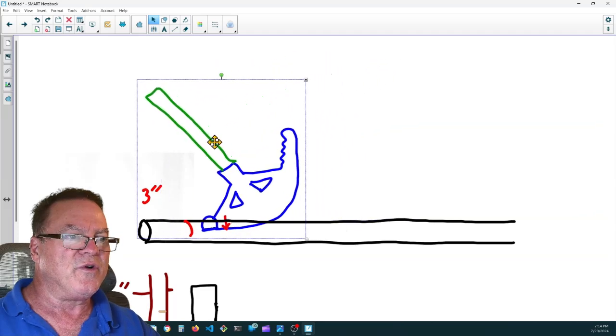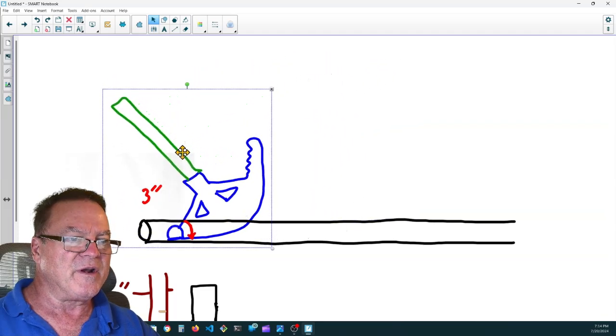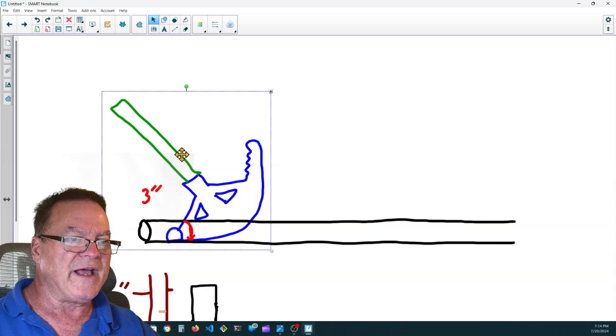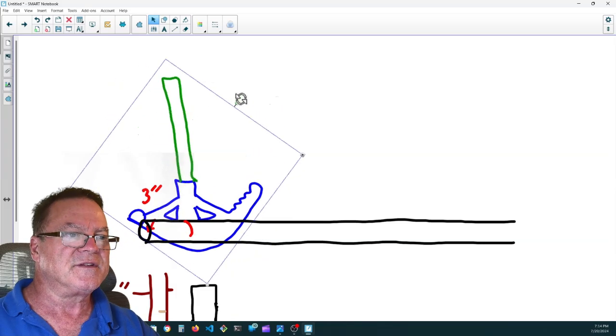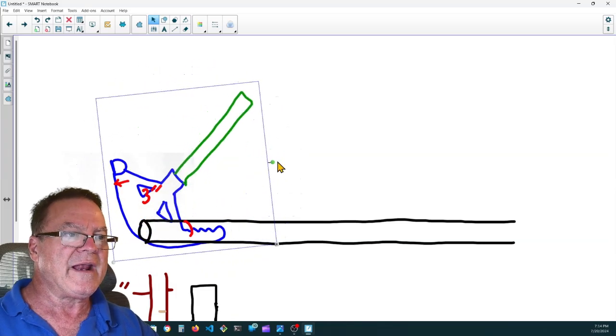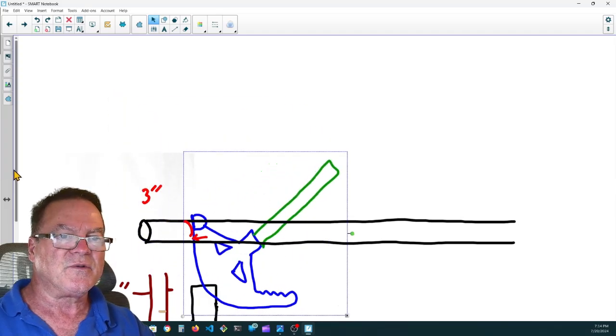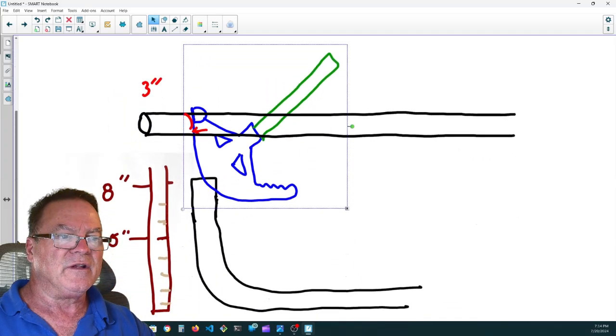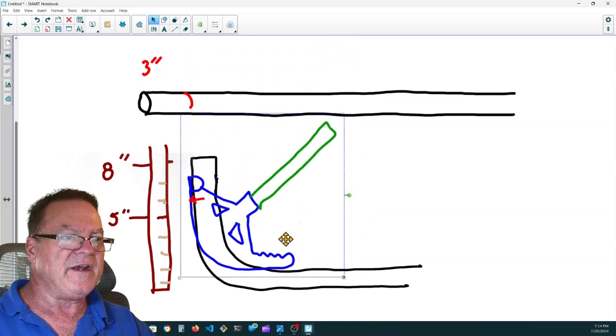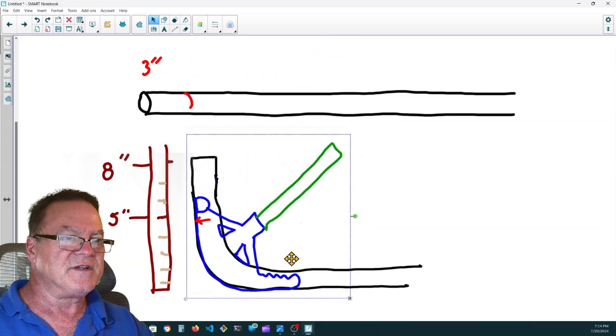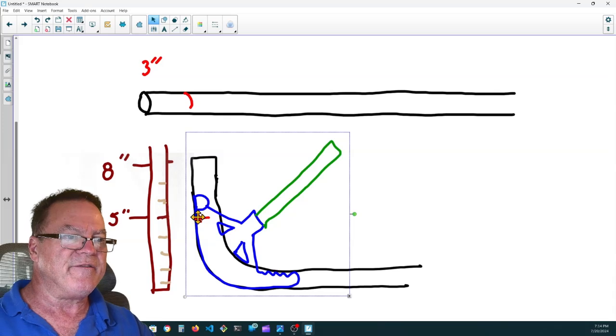And then when you put your bender on the pipe, you're going to line it up with that arrow on that mark. And then you can bend this up. And when you bend this up, you'll end up with a 90 that is 8 inches, 5 inches to the arrow, plus that 3 inches.